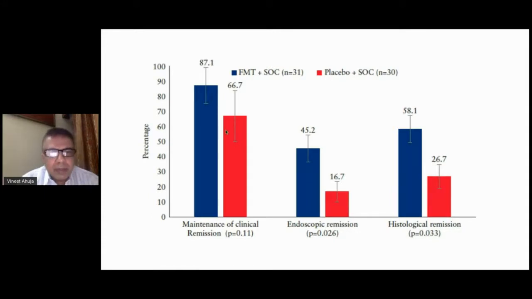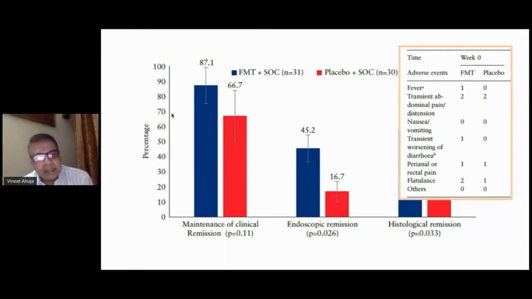Although the primary endpoint of maintenance of clinical remission was not met fully, the results in the FMT arm were much higher, with the proportion achieving clinical remission at 87%, and the results were significant for endoscopic remission and histological remission. A very high proportion of them, 58%, achieved histological remission, 45% endoscopic remission, and 87% clinical remission.